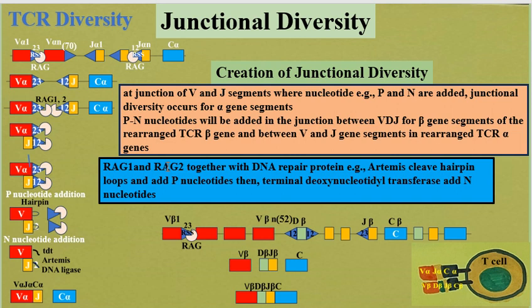RAG1 and RAG2, together with DNA repair proteins, for example Artemis, cleave hairpin loops and add P nucleotides. Then terminal deoxynucleotidyl transferase adds N nucleotides.